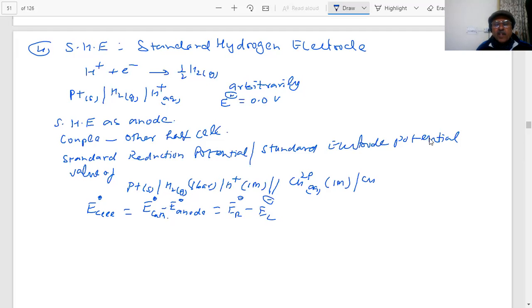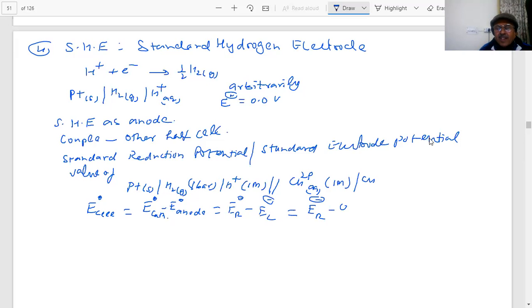So here what is the right side, students? That cathode is this one and anode is hydrogen. This hydrogen is always 0. So basically what we will get, students, the value minus 0.